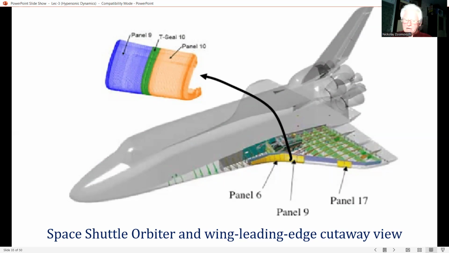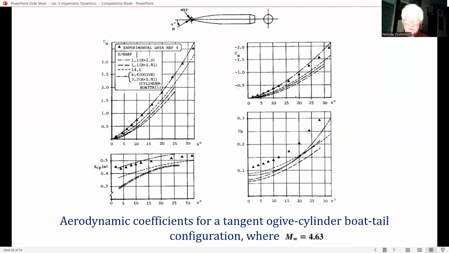Knowing the free stream Mach number and the angle of inclination of each panel relative to the free stream, a chosen local surface inclination method is used to obtain the pressure coefficient on each panel. The curve labeled 1.1, when k equals 2, pertains to item 1, modified Newtonian, for the windward side and item 1, Newtonian when Cp equals 0, on the leeward side.